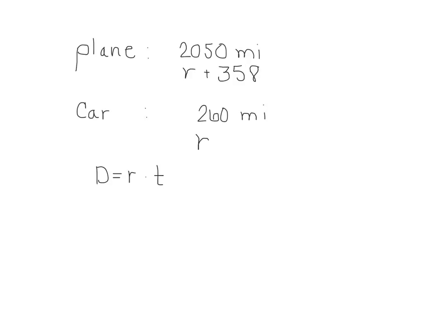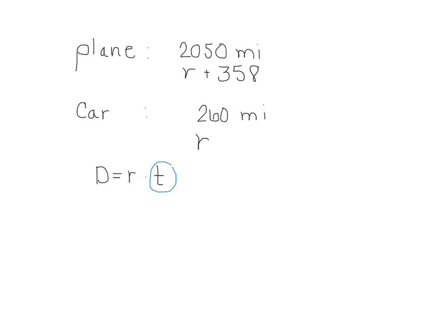We know that the times are equal. So what we can do, like we did in the previous example, is try to isolate the time in this basic distance equals rate times time equation, and then use the information provided in the stem of the problem to determine what those times are, with the understanding that they are equal.